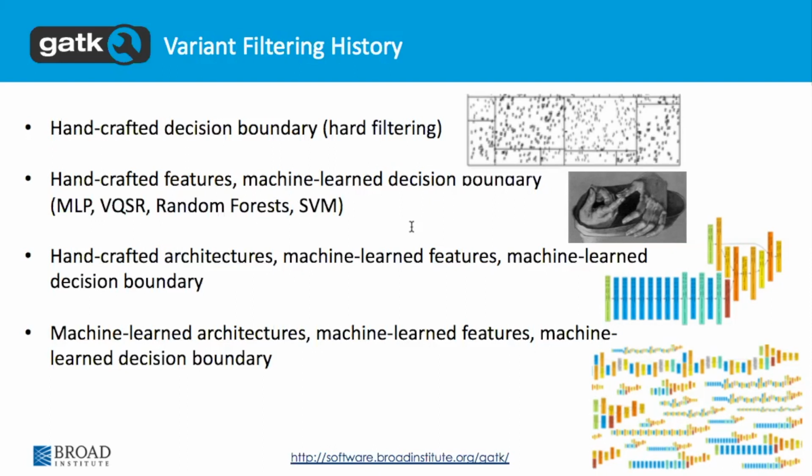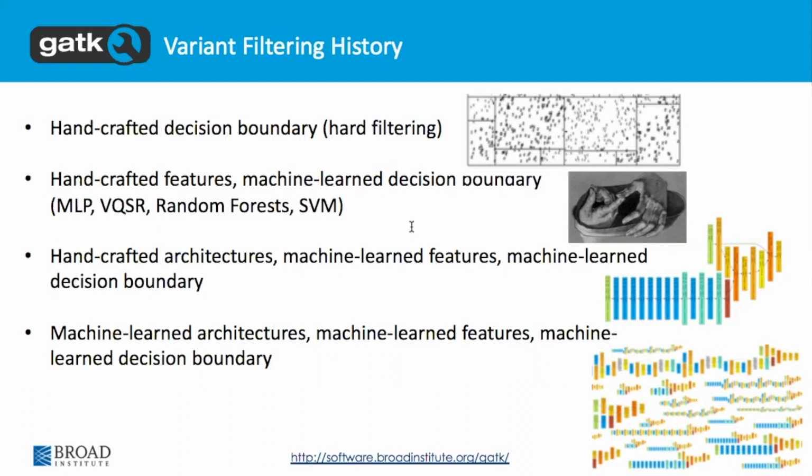So the first attempt at automating it is by using the more standard machine learning approaches, such as SVMs, random forests, and the one that is implemented in GATK is VQSR, which uses a Gaussian mixture model.